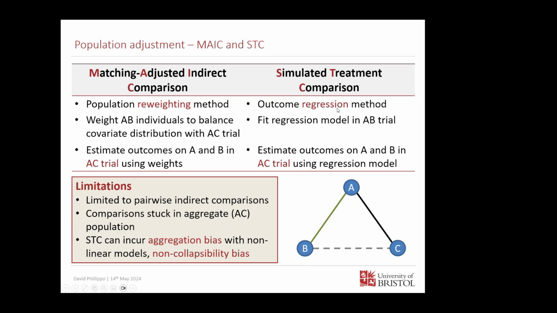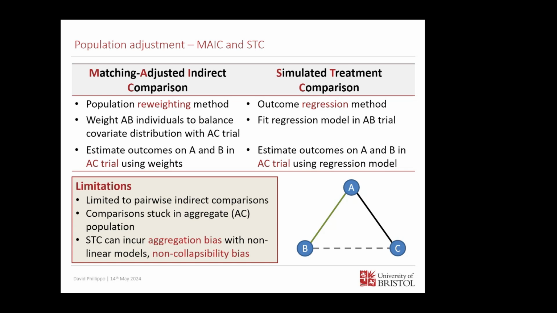There's also a more technical issue with the STC. Some forms of STC also incur aggregation bias when we have a nonlinear model, because they are just plugging mean values into this regression model, and that is Jensen's inequality. So you get aggregation bias, and there's also an extra layer of non-collapsibility bias.